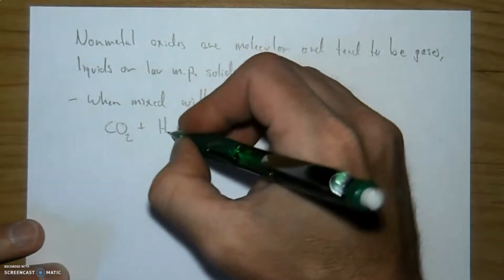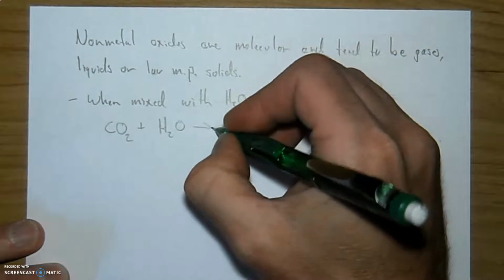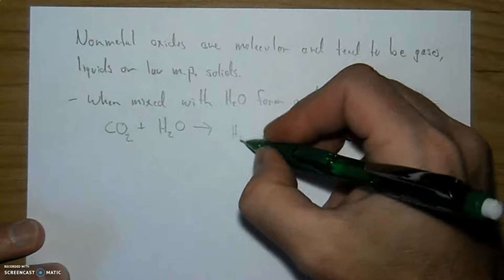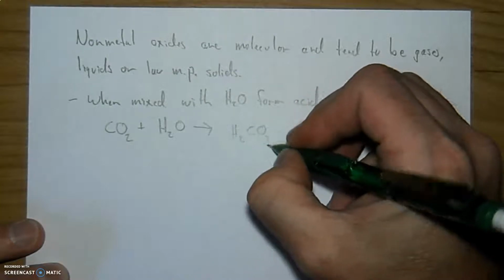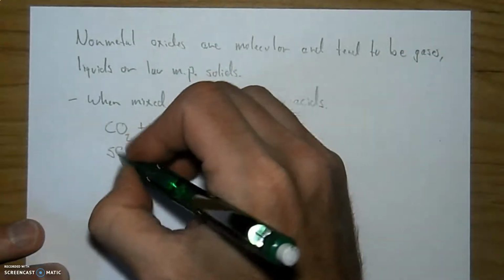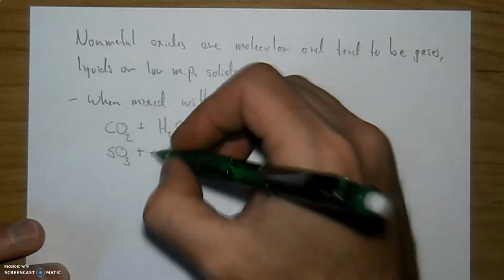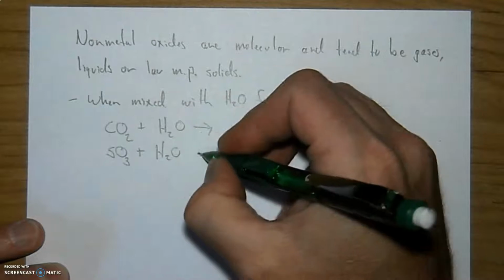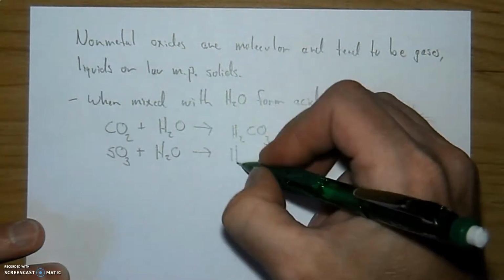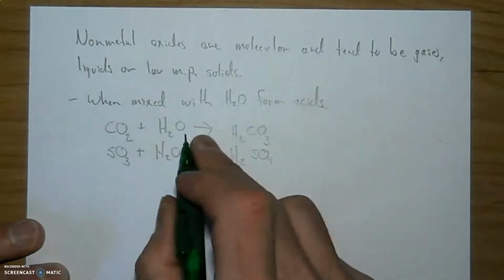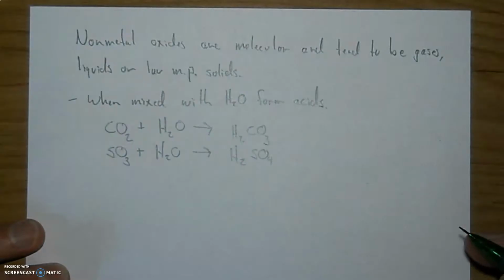You add that to water, maybe you remember this from last year, just stick them all together. You get carbonic acid. And you can do this with a variety of other ones. Here's a really good example. Sulfur trioxide. Add that with water, and you get sulfuric acid. So non-metal oxides with water will give you an acid.